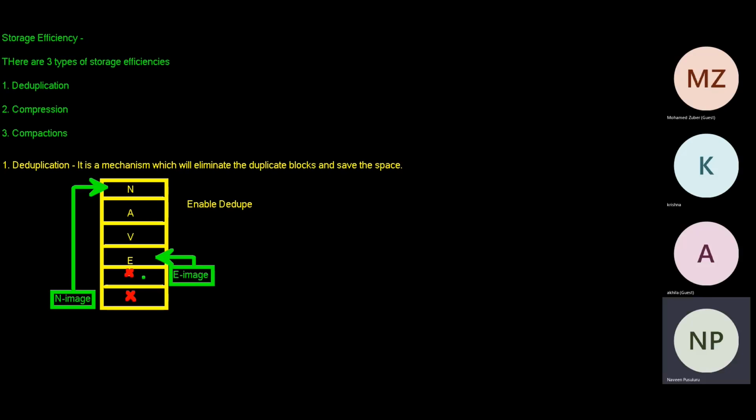Whenever someone tries to access this E block, it will redirect them to the other E block, which has the original data. This is how deduplication works and saves space. Any questions? Normally, to explain, I just wrote letters, but deduplication works at block level.